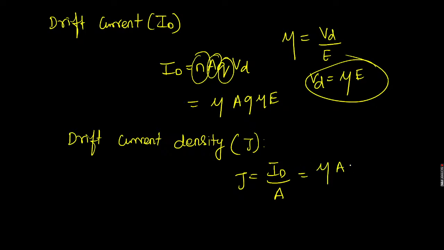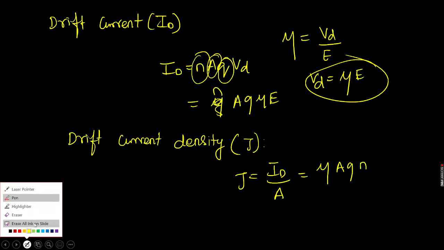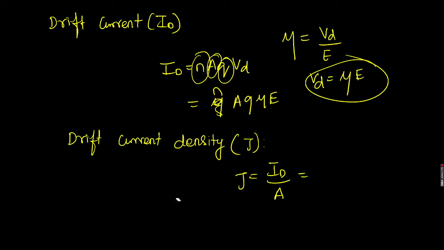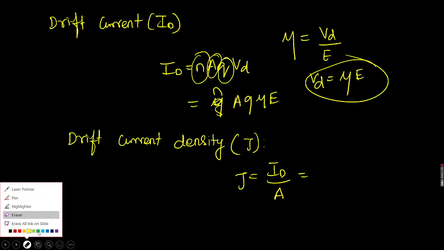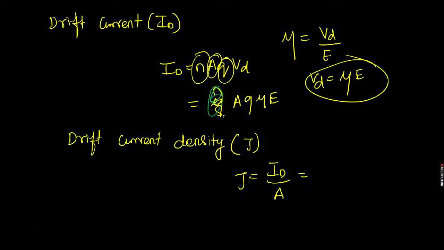We know N A Q mu E. Just now I have defined that value, right? Sorry guys, this is N. Sorry, forgive me. N into E. Okay, don't get confused, I made a small mistake. Let me correct it. So actually this is N, right? So what will we get? N A Q mu E upon A.